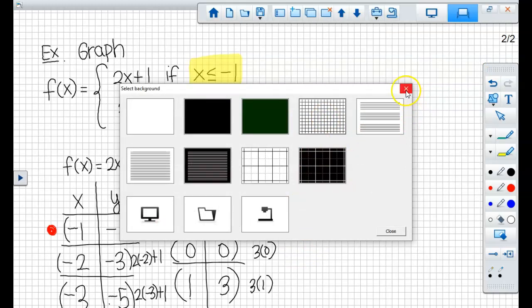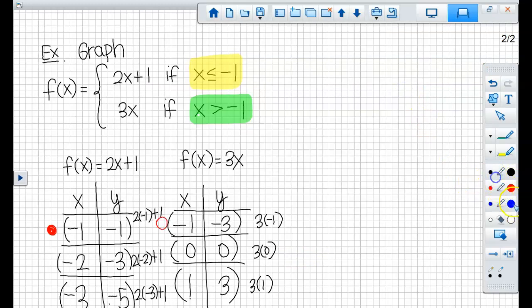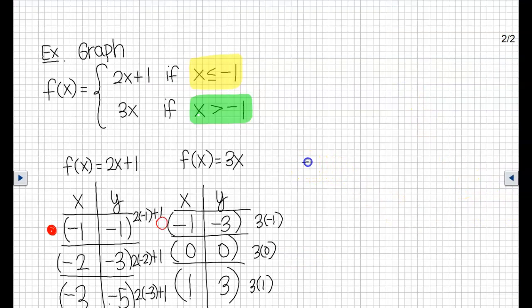Now, your piecewise function is going to be in pieces. So there should be 2 different pieces, one for each rule. So there's my x-axis. And here is my y-axis.